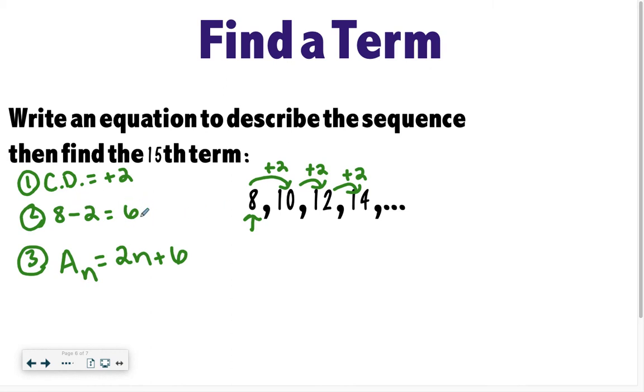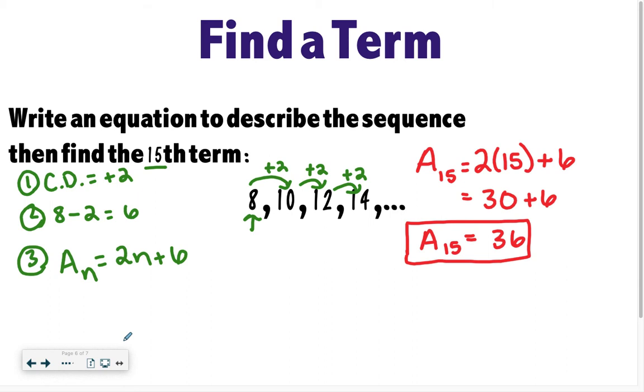So 8 minus 2 gives us 6. Then you plugged it into the equation. So you said A of n equals 2n, so our common difference times n, plus 6, the number that we got in step 2. Now that you have that equation, I want you to find the 15th term. Good luck.